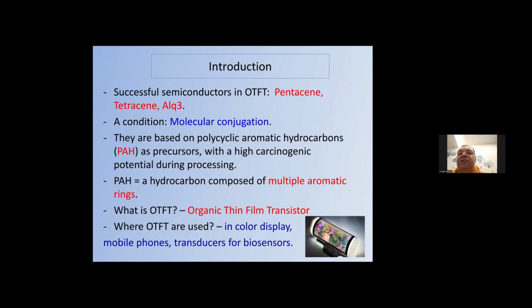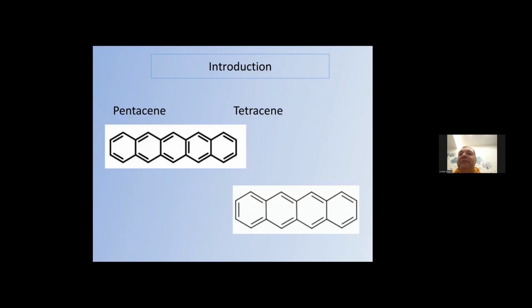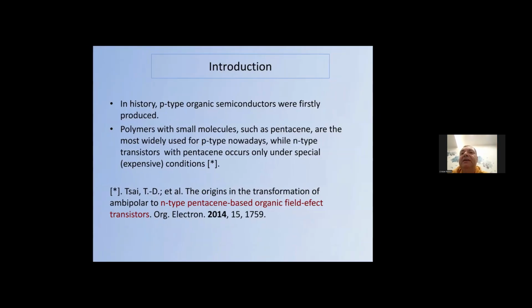Where are these transistors used? In color displays, in mobile phones, in transducers for biosensors, as you see in the picture. Here are the chemical shapes of pentacene and tetracene, as you see, with multiple aromatic rings.